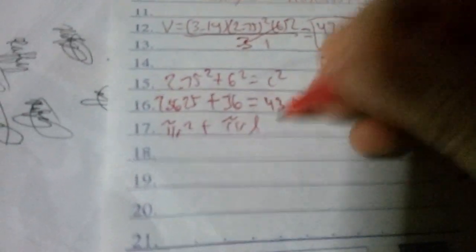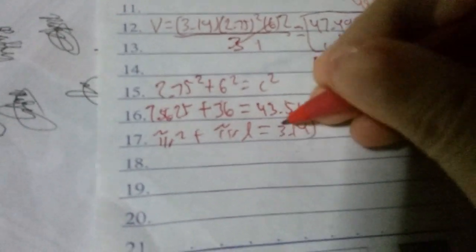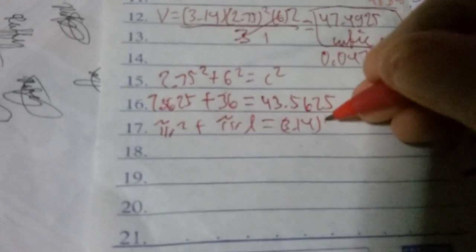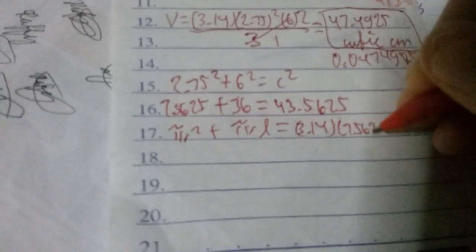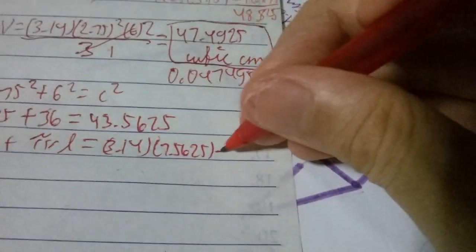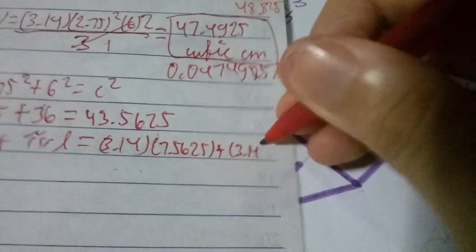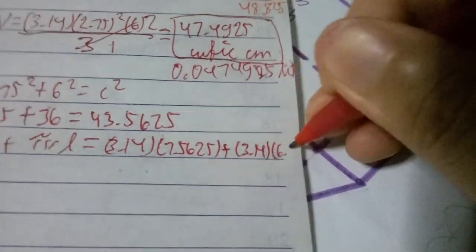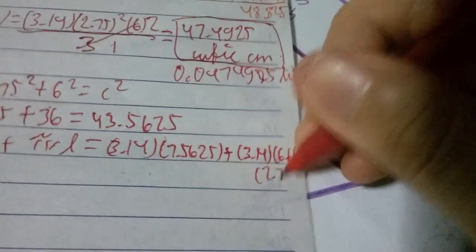Now, we can have our formula. Pi times radius squared plus pi times r times L. Or 3.14 times 7.5625 plus 3.14 times 6.6 times 2.75.